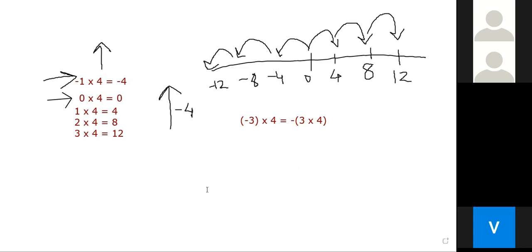Next. Now, suppose you want to make the table of negative numbers. Okay. Now that is possible.